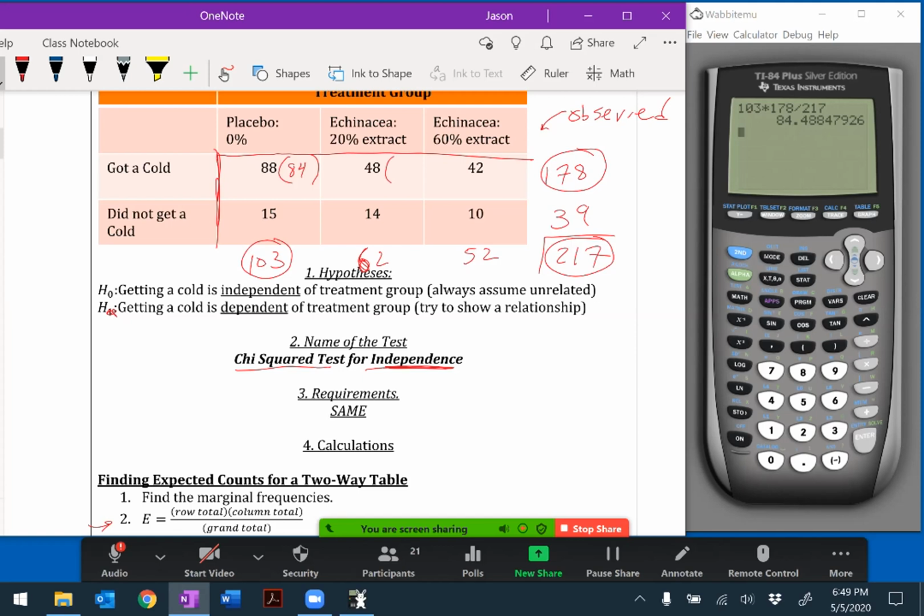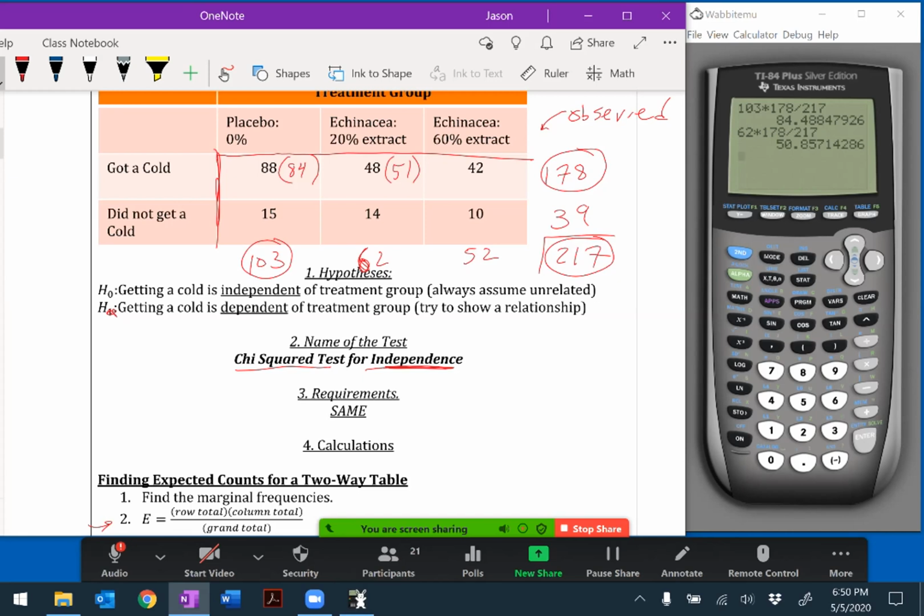What about this one here? This is going to be row total times column total divided by total. So that's going to be 62 times 178 divided by 217. And that's going to give me 51 as my expected amount.